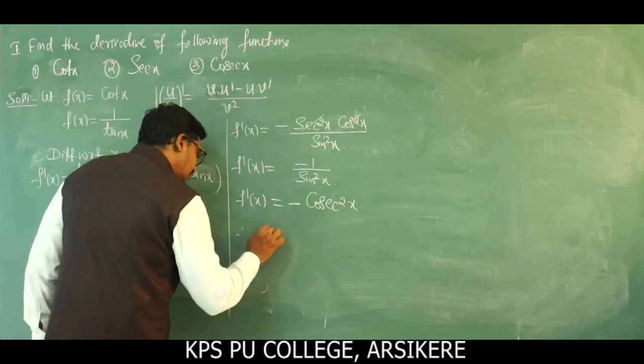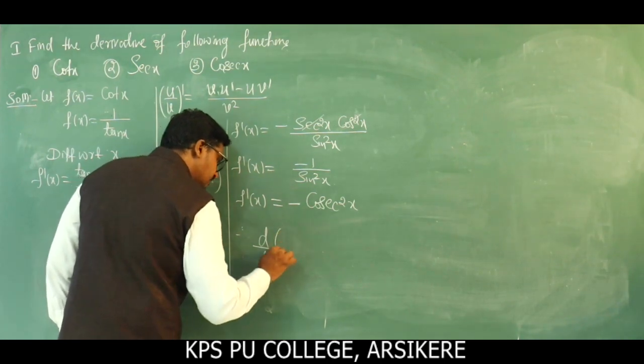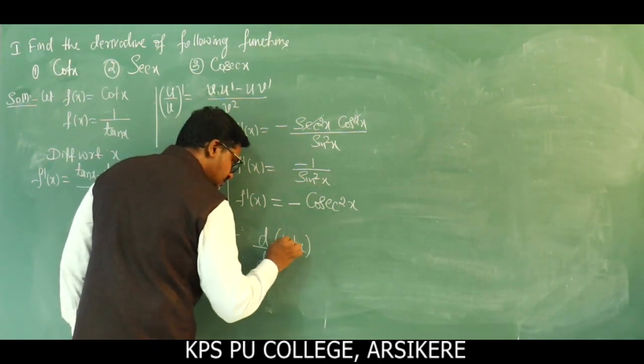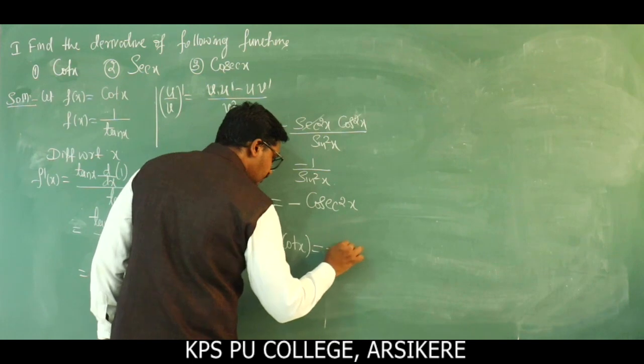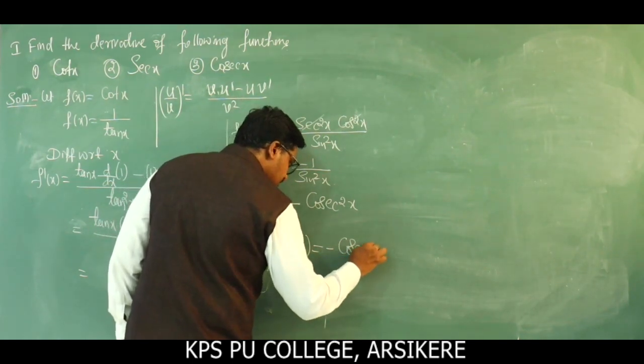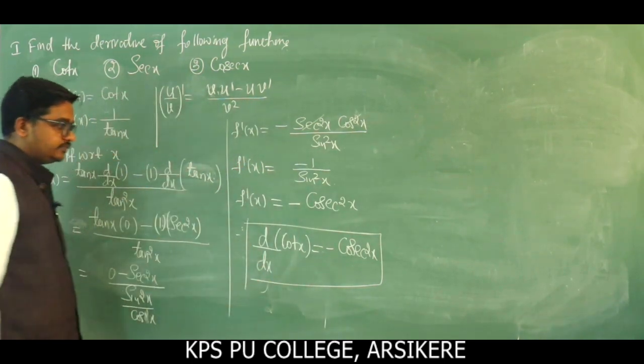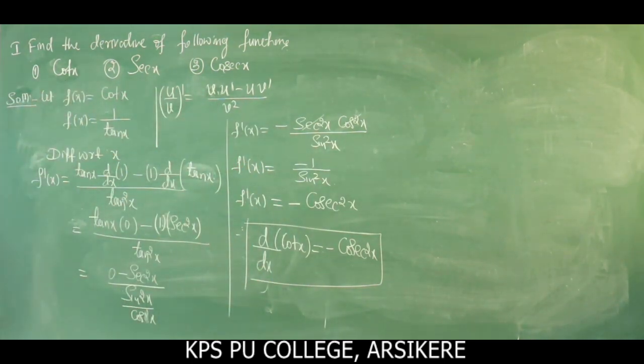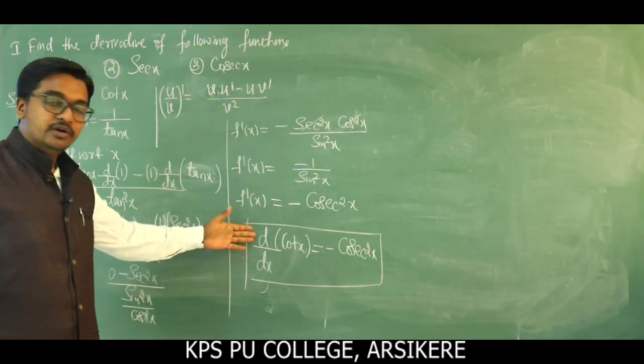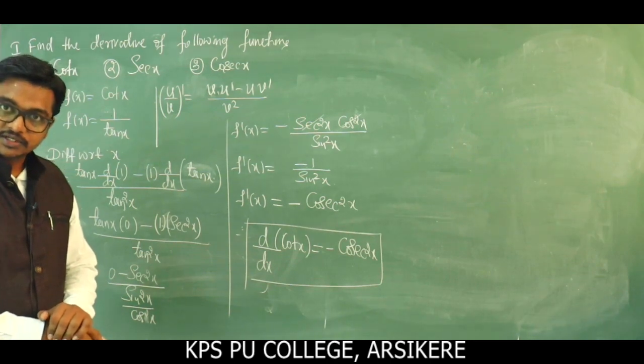Therefore, d by dx of cot x is equal to minus cosecant square of x. This is the formula we should remember. The derivative of cot x is equal to minus cosecant square of x.